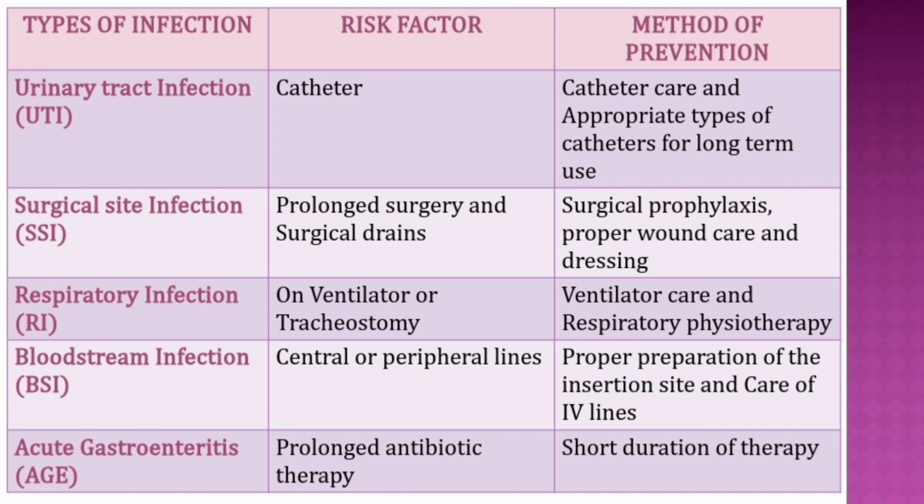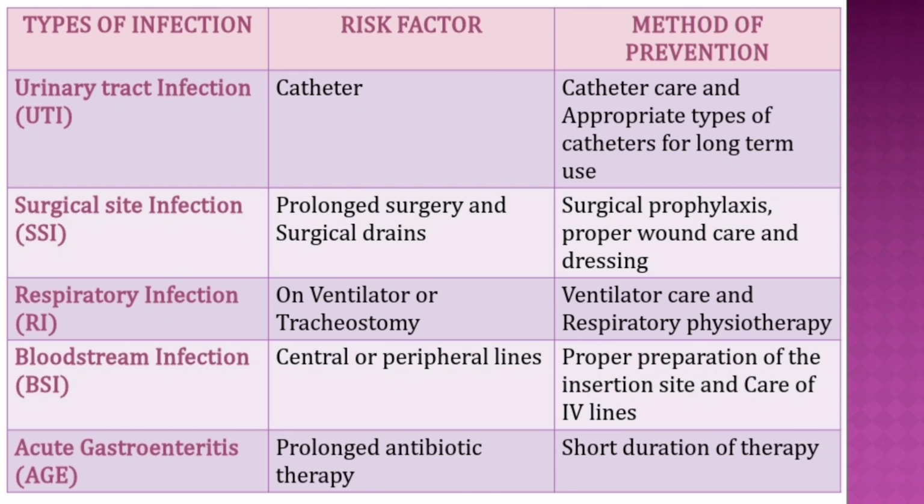For urinary tract infection, the risk factor is catheters, so catheter care and appropriate types of catheter should be used for long-term use. For surgical site infection, the risk factor is prolonged surgery and surgical drains. The prevention methods are surgical prophylaxis, proper wound care and dressing.